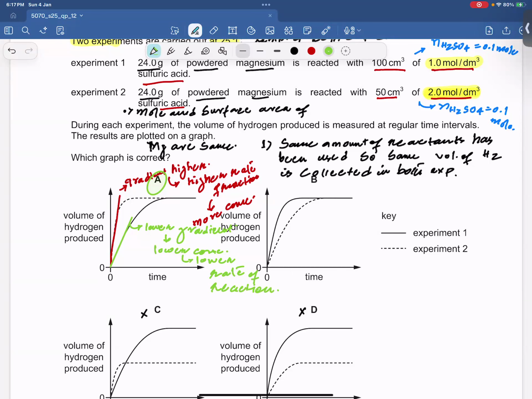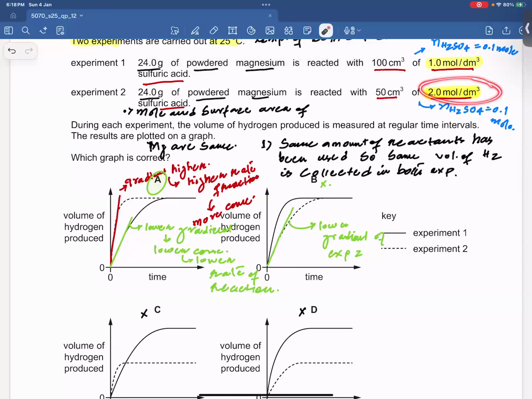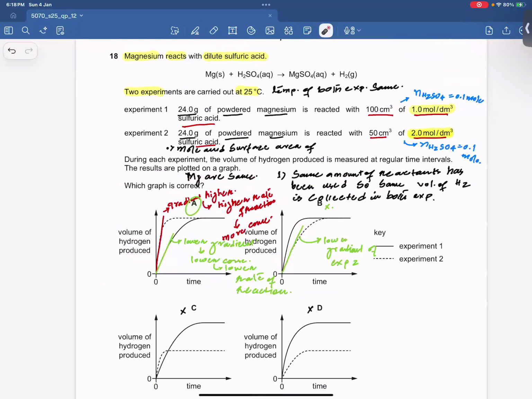I hope it makes sense to you. So option B is also incorrect because this shows the lower gradient of experiment 2. A lower gradient of experiment 2 is incorrect. That's not possible because experiment 2 has a higher concentration of sulfuric acid than experiment 1. I hope it makes sense to you. Let's move on to the next question.